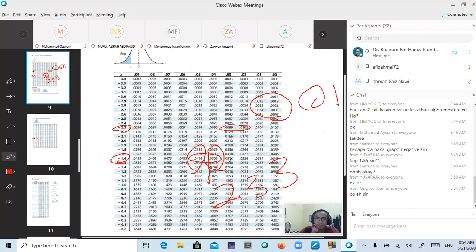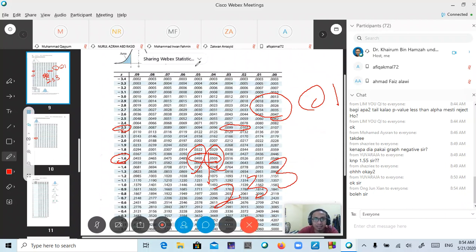But for this one, the closest is 2.33. So you choose 2.33.